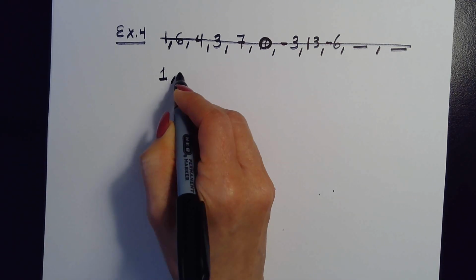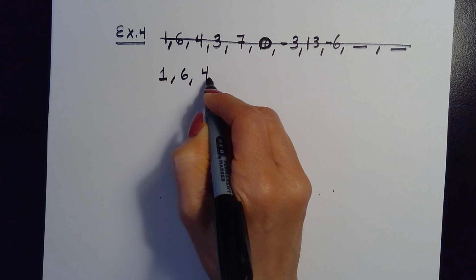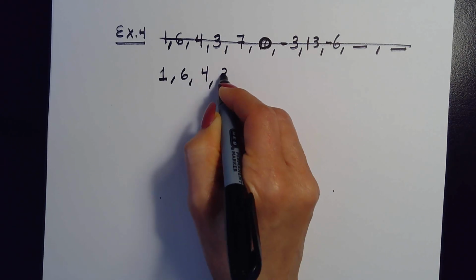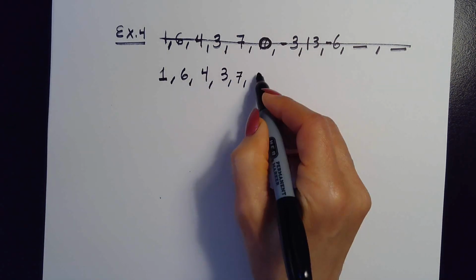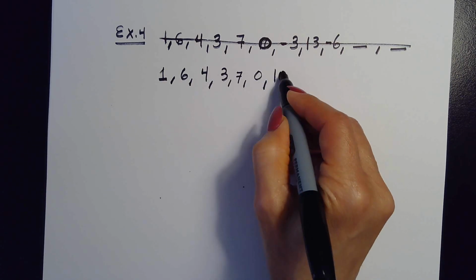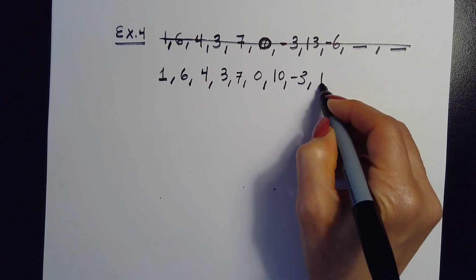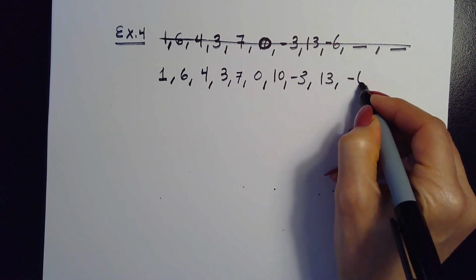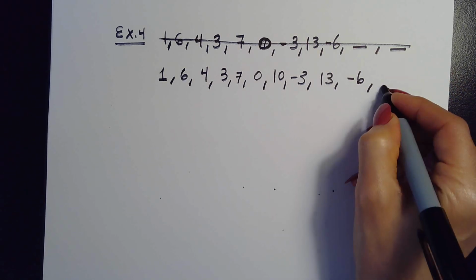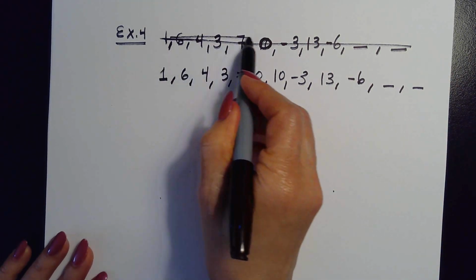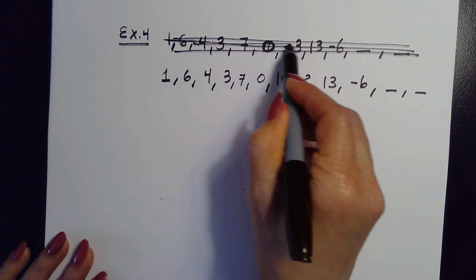So you have 1, 6, 4, 3, 7, 0, 10, -3, 13, -6, and then the next two. So don't look at the first list. I missed two numbers.